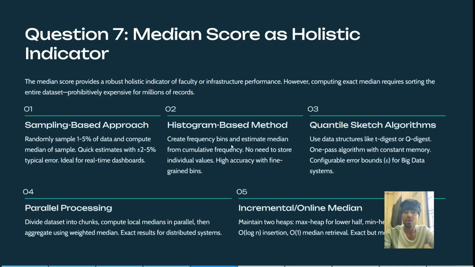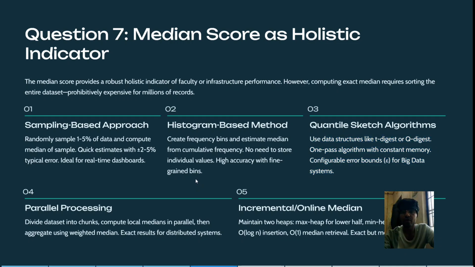Third is sketch algorithms like t-digest or q-digest. These are sophisticated data structures specially designed for the problem. They are one-pass algorithms, meaning you only need to scan your data once, and they use constant memory regardless of data set size.